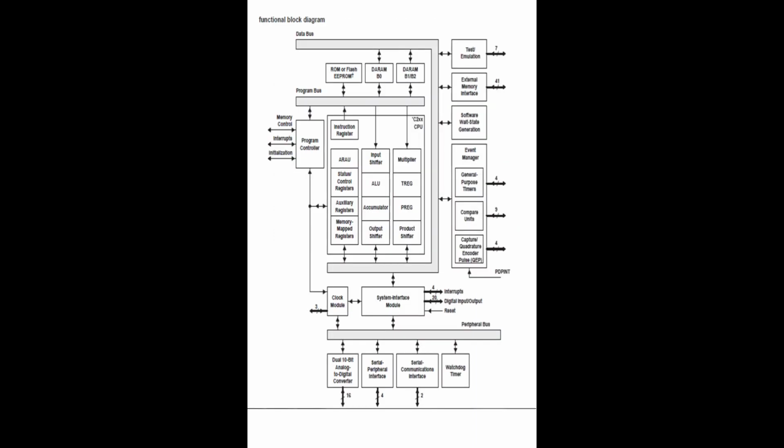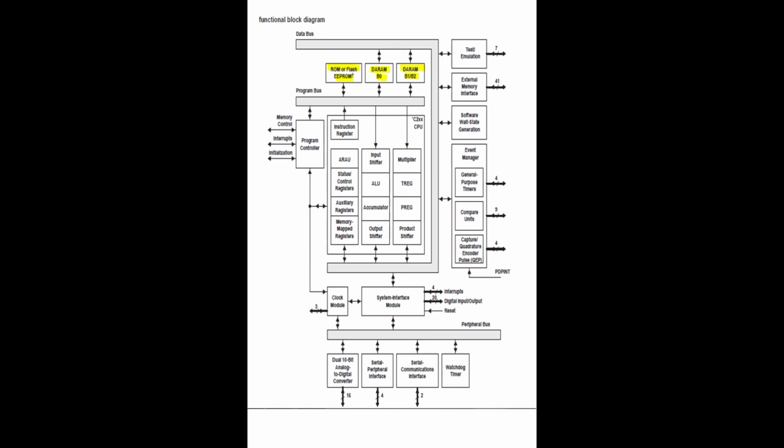This is the architecture of the TMS320C2407 IC. It consists of various memories like ROM and DRAM. DRAM is split as B0, B1, B2.